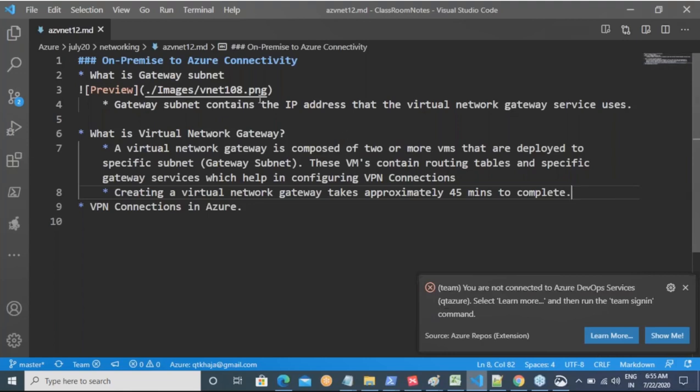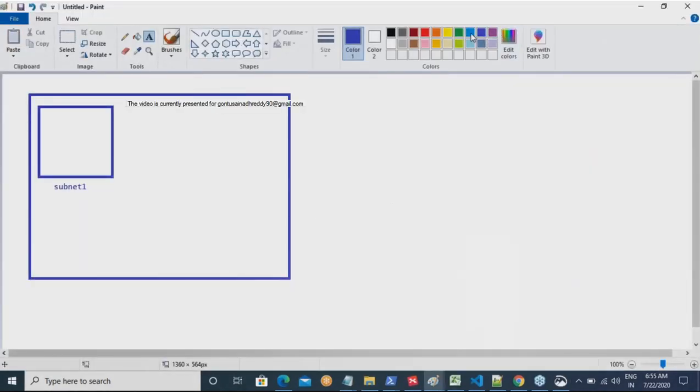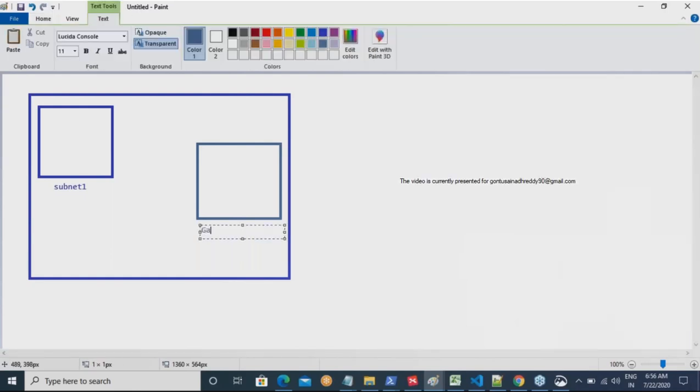So basically whenever you are trying to work with VPN, two things become important. One is gateway subnet, the other one is virtual network gateway. Am I clear on this? So in here, you will be creating, let me use a different color over here, gateway subnet.